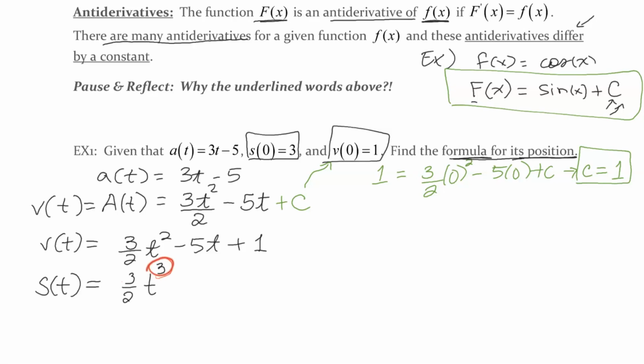So I have to undo that multiplying by 3. So to undo multiplying by 3, I have to divide by 3, which now gives me 3 over 6, and 3 over 6 is 1 over 2. So this is 1 over 2 t to the third power.